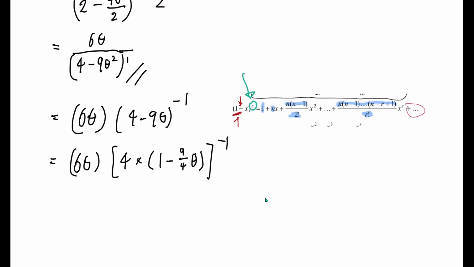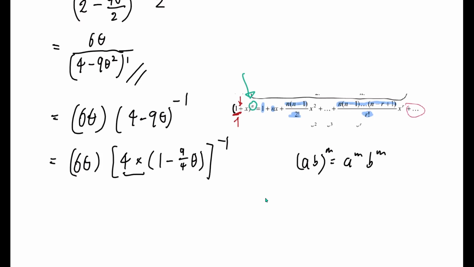Okay, good. So there's an issue here, which is that I only have the format 1 plus x power n, but here I have an extra 4 times. So what do I need to do? You need to remember the formula: (ab) power m is a power m times b power m.